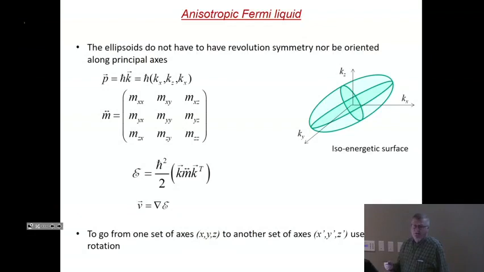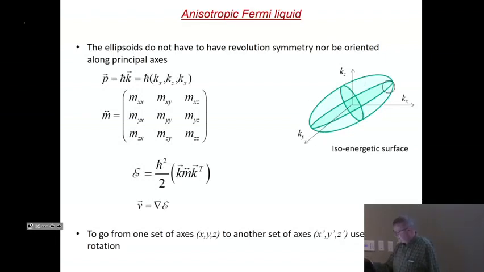Now, the comfortable way to treat this is to define the effective mass tensor and to define your energy as ħ² over 2 times the k vector, the mass tensor, and the k vector transpose. That just gives the previous law, but in a little algebraic form. Velocity is then the gradient of the energy with respect to k, so it's a vector.